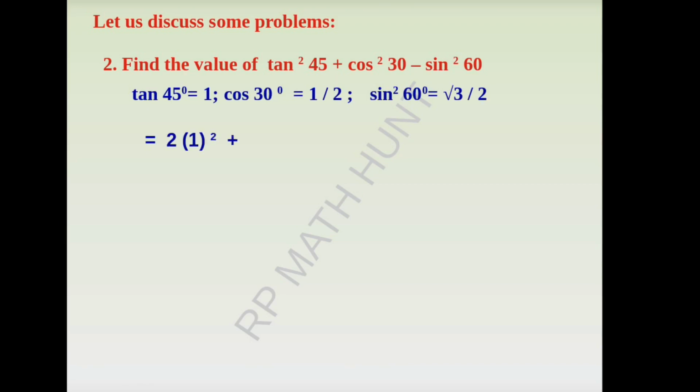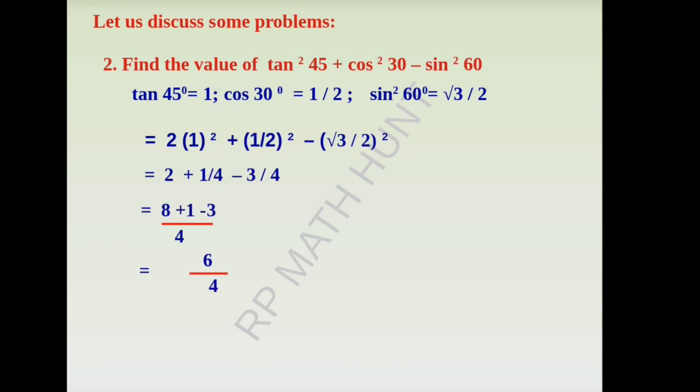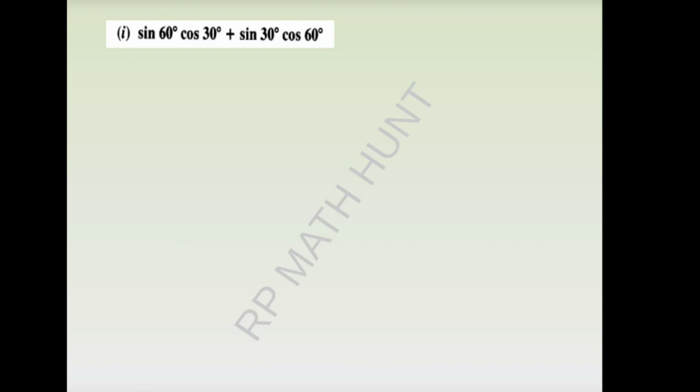Then substituting these values in the given problem: 1 whole square plus root 3 by 2 whole square minus root 3 by 2 whole square. Taking 4 as LCM, that is 8 plus 1 minus 3 by 4, which is 6 by 4, that is equal to 3 by 2. Dear children, some solved problems are on the screen.